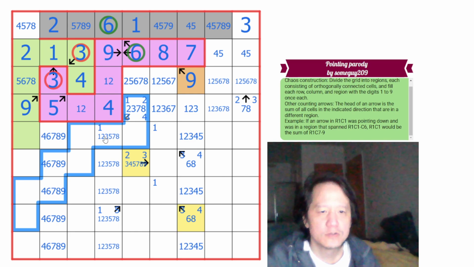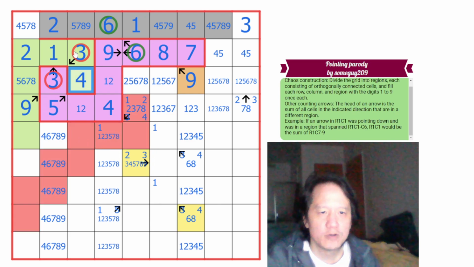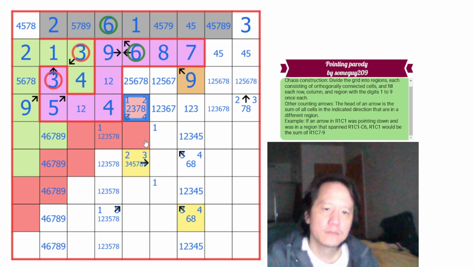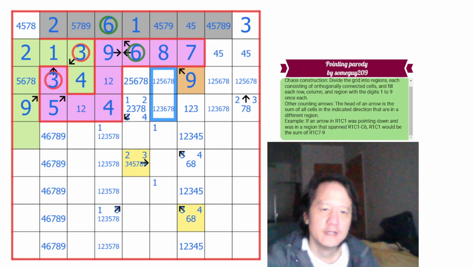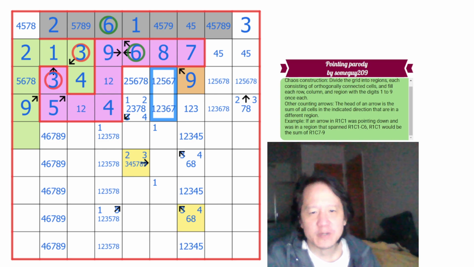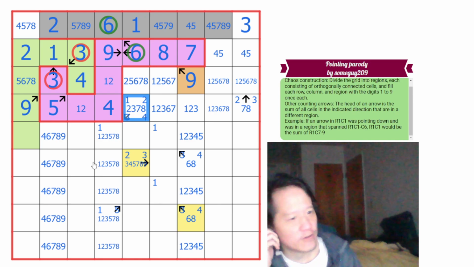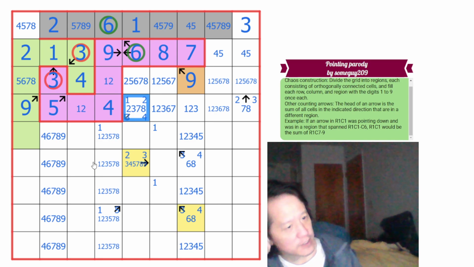Right, 1, 2, 3, 4, 5, 6, 7, 8, 9. It'd be possible to be there. So these would both have to be green. Yeah, I think it's very doable. Oh wait, I was thinking of something else. Never mind. You can't have all four of them be the same region, right?